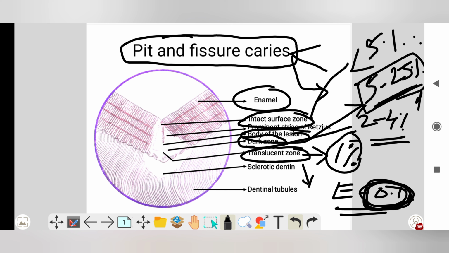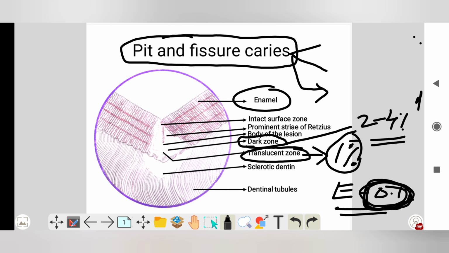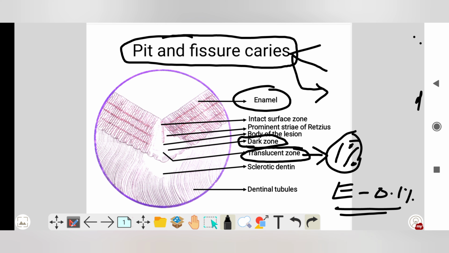Please remember one thing: why does the dark zone look very dark? The pores of the dark zone are larger than those of the translucent zone, and these pores are arranged on the small pores of the translucent zone.